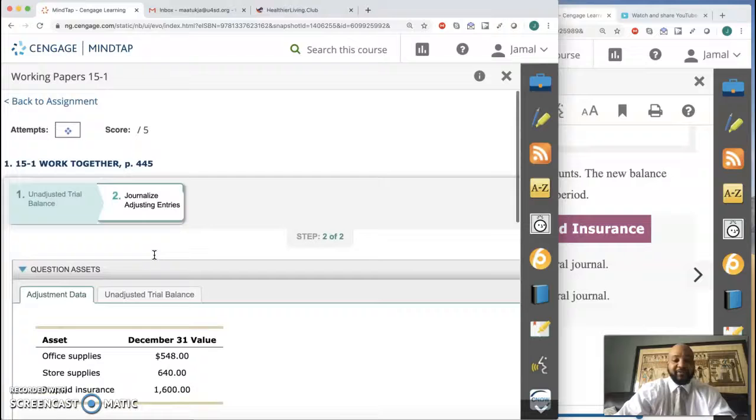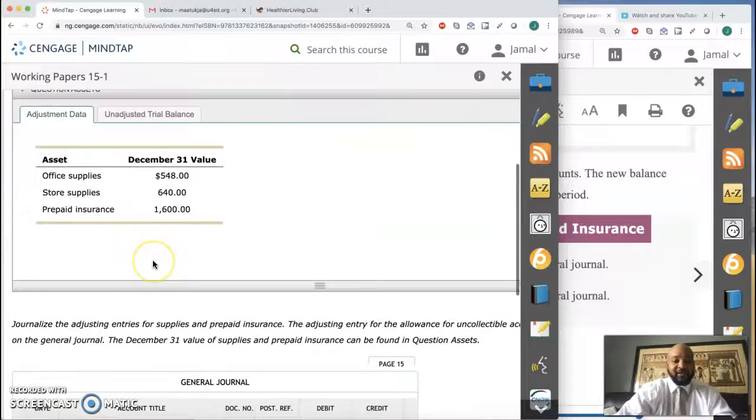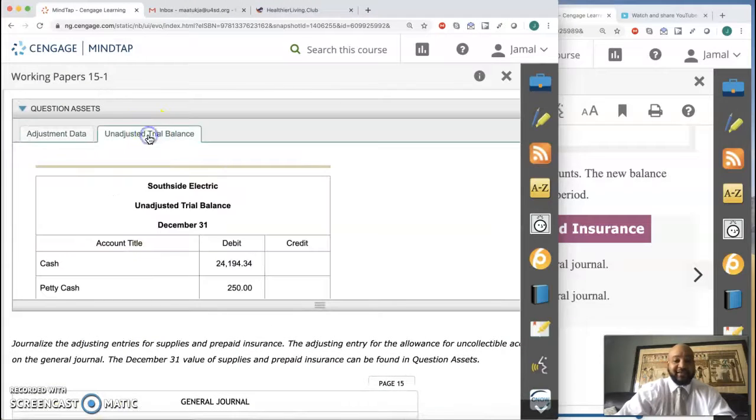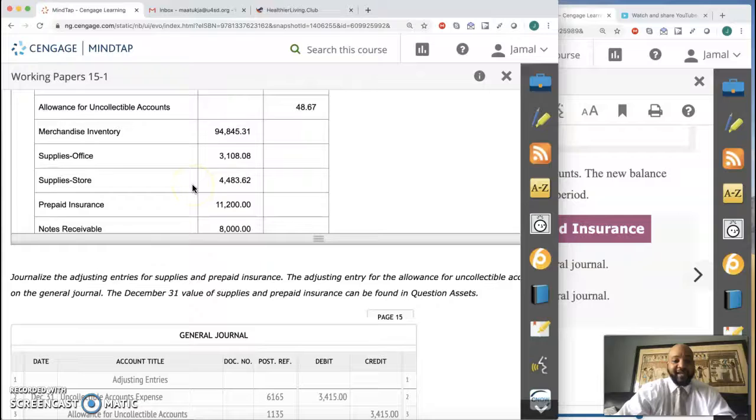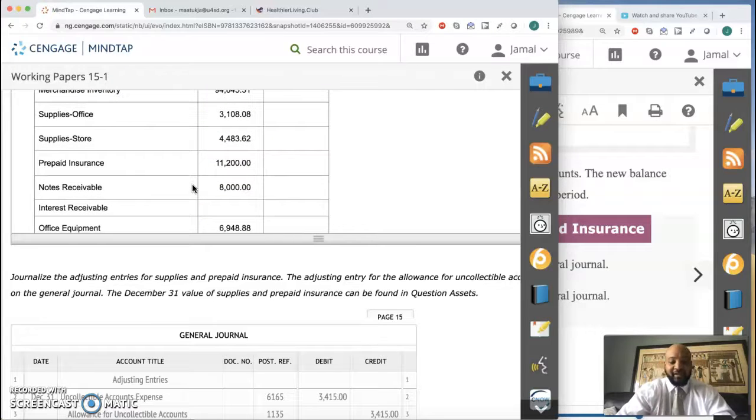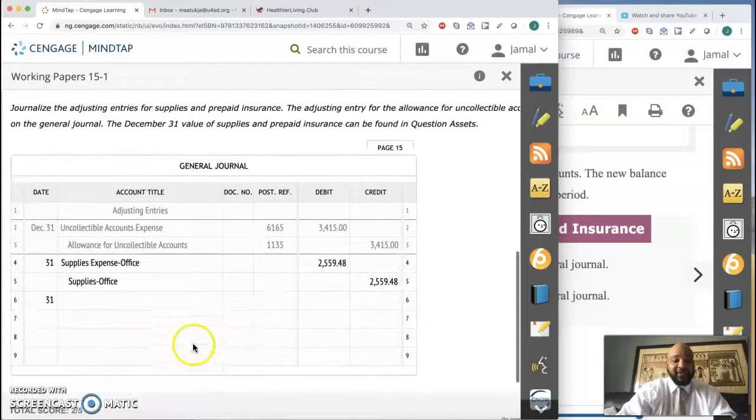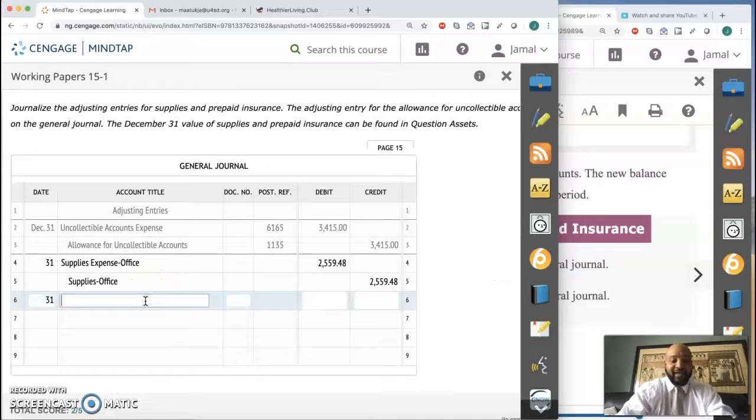So if we go back up to our prepaid insurance, it was $1,600. We paid $11,200 worth of prepaid insurance. We have $1,600 left. We used $9,600 of our insurance. So we've got insurance expense, I'm guessing. We'll check later.